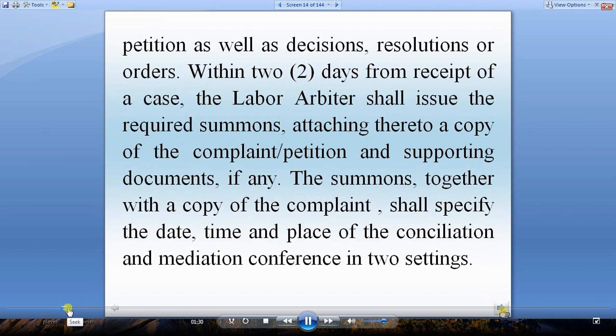Within 2 days from receipt of the case, the Labor Arbiter shall issue the required summons, attaching thereto a copy of the complaint, petition, and supporting documents, if any. The summons, together with a copy of the complaint, shall specify the date, time, and place of the conciliation and mediation conference in 2 settings.